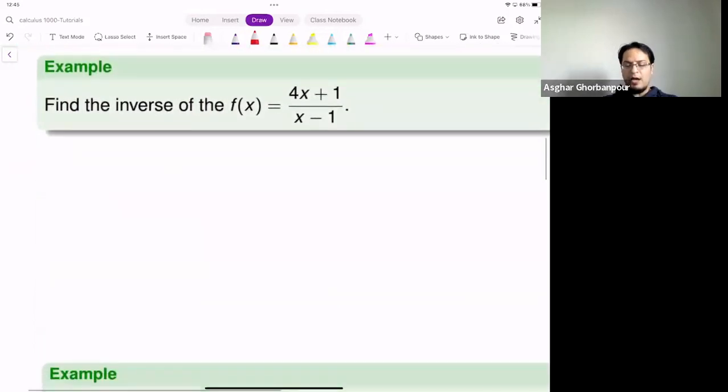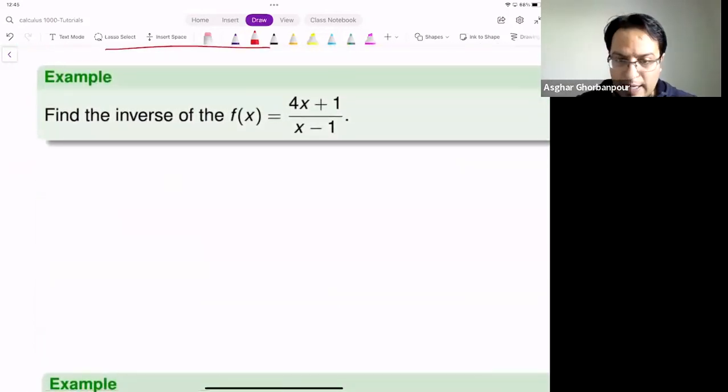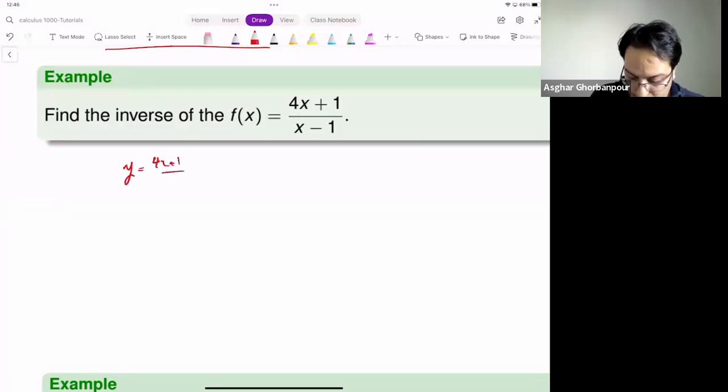Okay, so now if you know something is one-to-one, how are you going to find the inverse of that function? I'll do this through an example. Remember what the definition of the inverse was? It is a process, a function, which reverses what the original function has done. So it means that if we start with one output, we want to see what was the input of that function which gave us this.